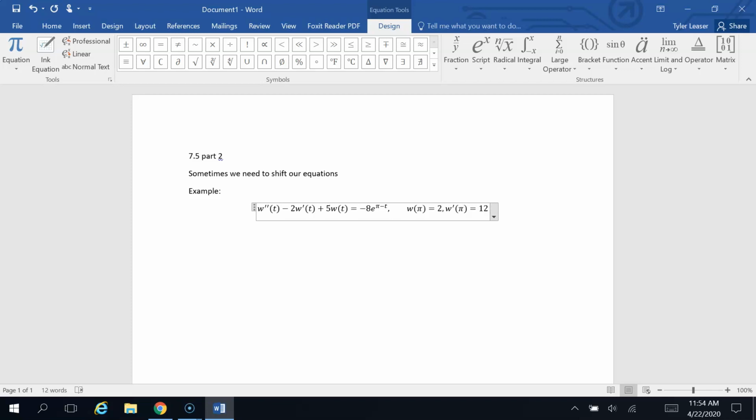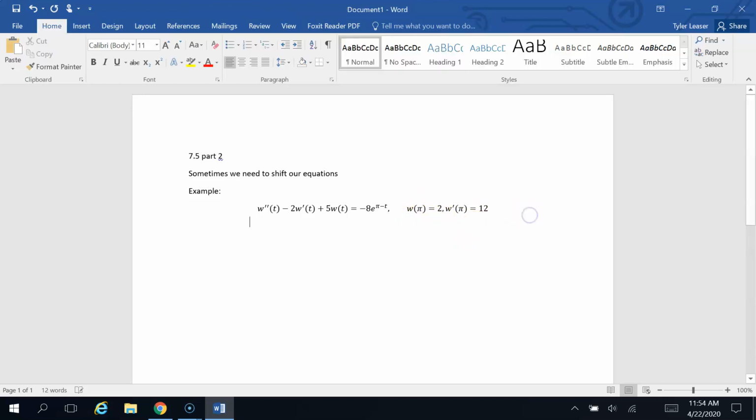Okay, the Laplace method only works if your initial starting point is at 0. And that comes from the definition of what happens when you have the derivative inside the Laplace operator. So because we have these pi's here, we may have to shift.